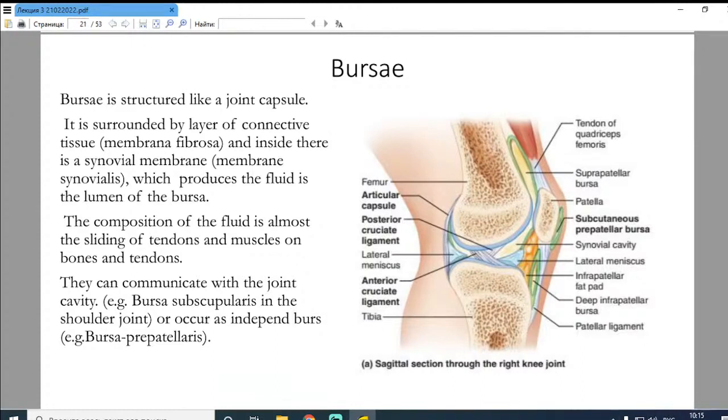And you see a sagittal section through the right knee joint. And this you see the articular capsule. You see the lateral meniscus, the patellar ligament and others. This is the bursa, in green color.